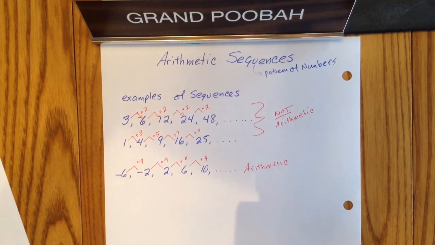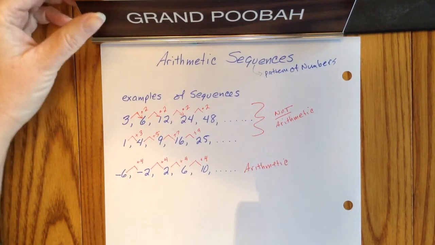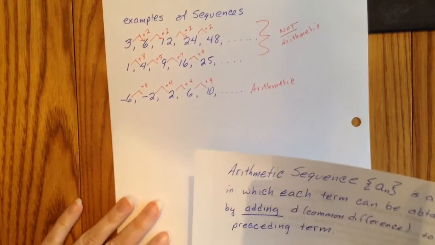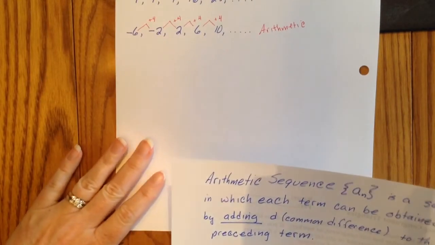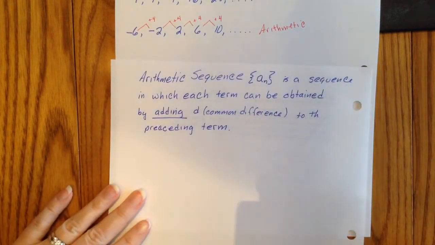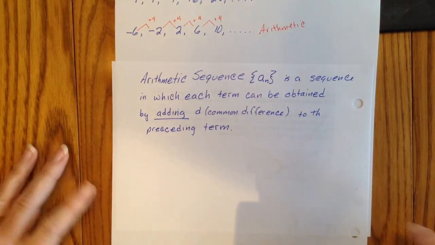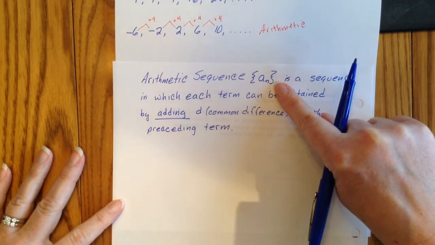Now, if you're like me, and I know I am, you're actually taking notes on these videos, so you may want to pause the video and get a chance to write down the following definition. All right, so there's my example of the arithmetic sequence, and here is the definition. An arithmetic sequence, and we're going to talk about this notation. This is a weird notation.